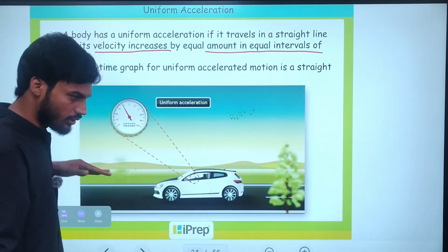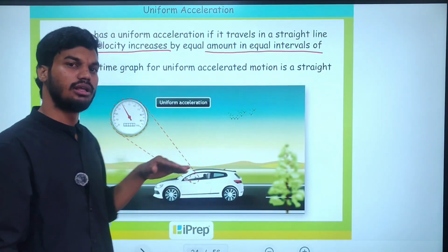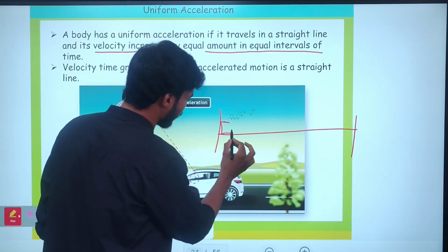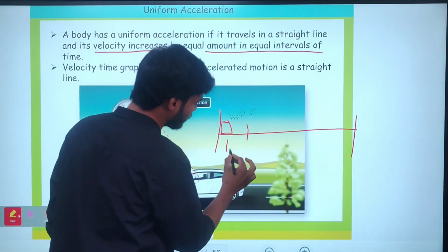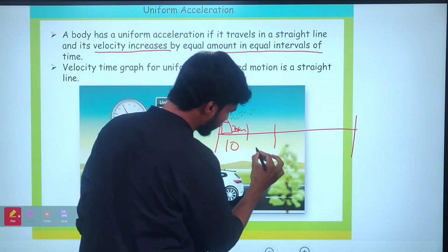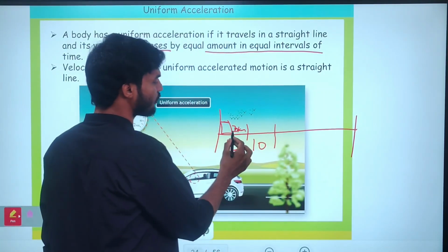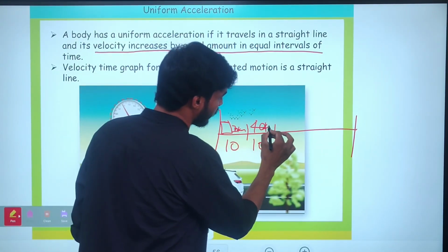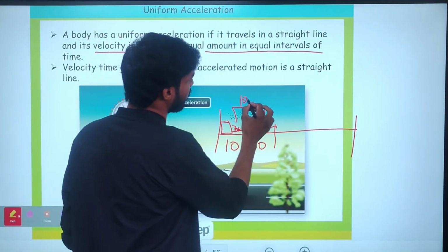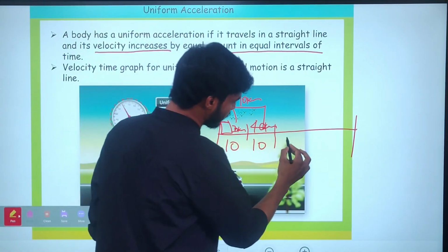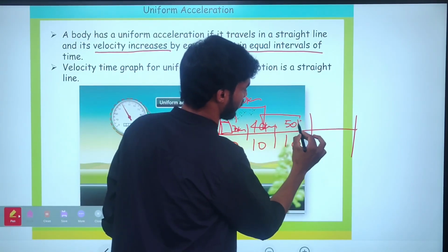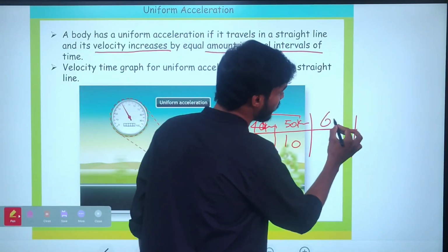For example, a car is traveling on a straight road, which is 10 kilometers long, right? The car started from here. For 10 seconds, the speed is 30 kilometers per hour. In the next 10 seconds, the speed increases from 30 to 40 kilometers per hour. From 10 seconds, the speed was increased by 10 kilometers, right? And in the next 10 seconds, the speed changed from 40 to 50. In the next 10 seconds, 50 to 60.